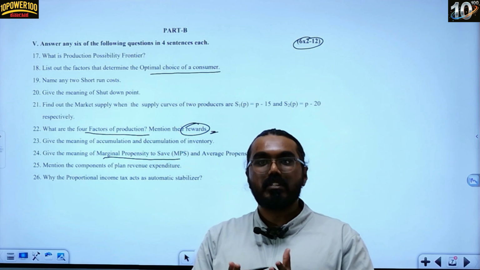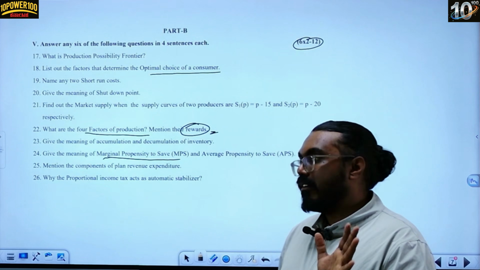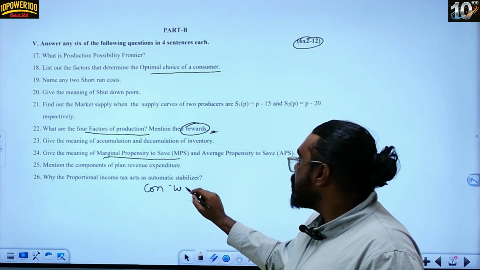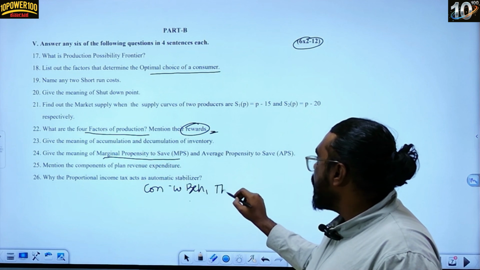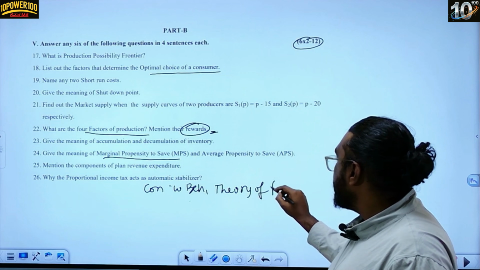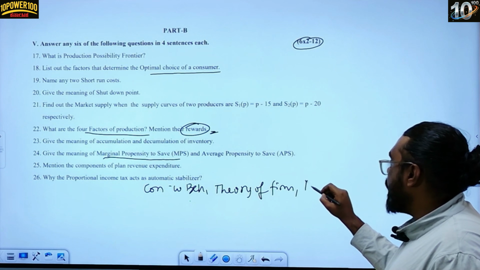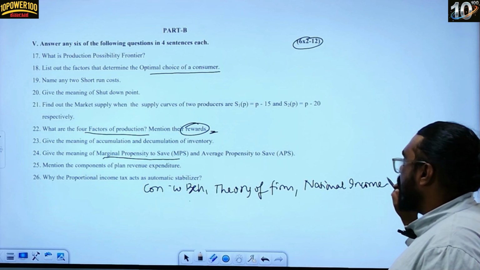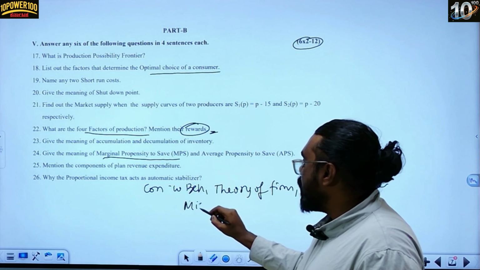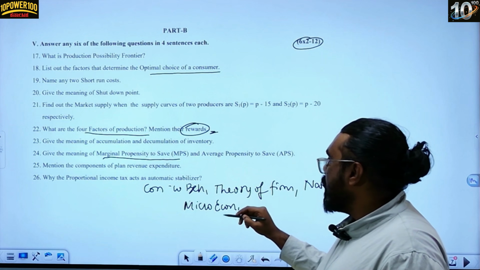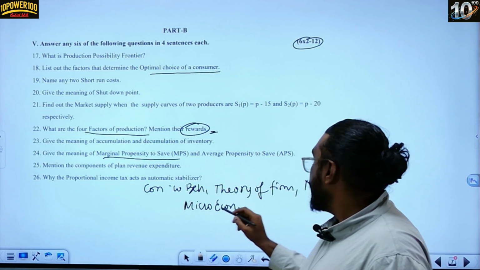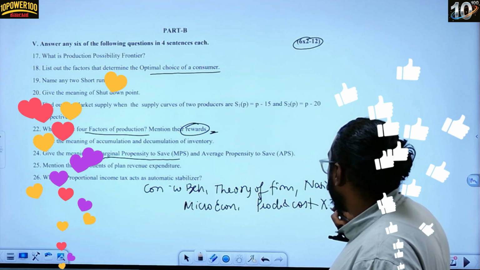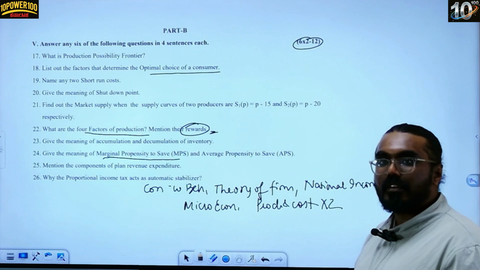So you have 6 questions that can be covered by those 4-5 lessons that I said: consumer behavior, theory of firm, national income, Introduction to Microeconomics, and again 2 questions from production and cost itself, right? So here you have almost 6 questions that you are thorough with.